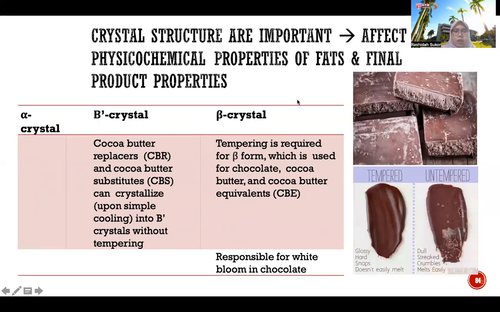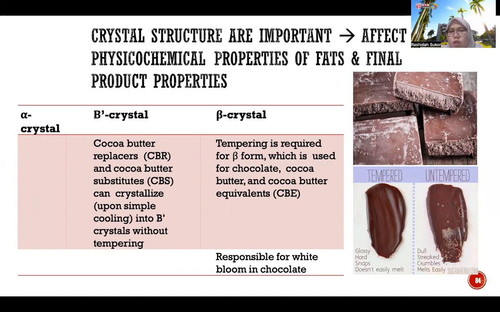With chocolate, when we eat it, sometimes you notice these white spots. Especially if you go to Langkawi, chocolate there is cheap, but you have to check the expiry date.